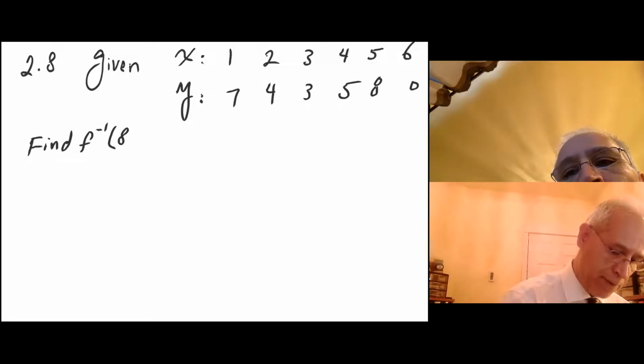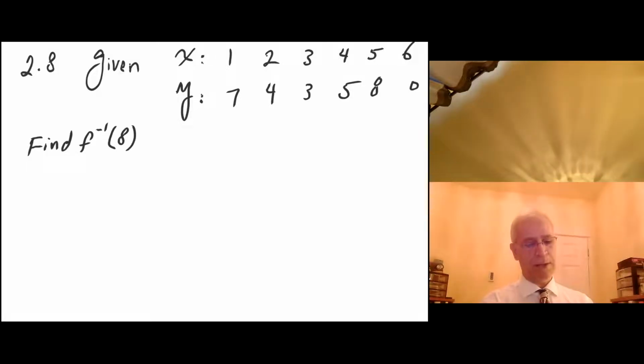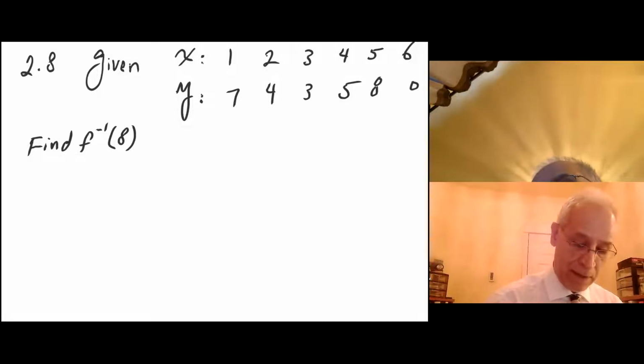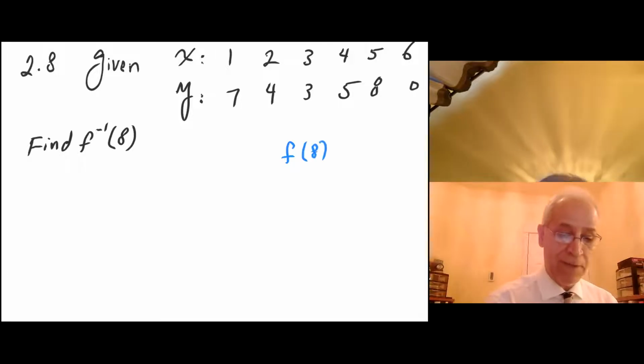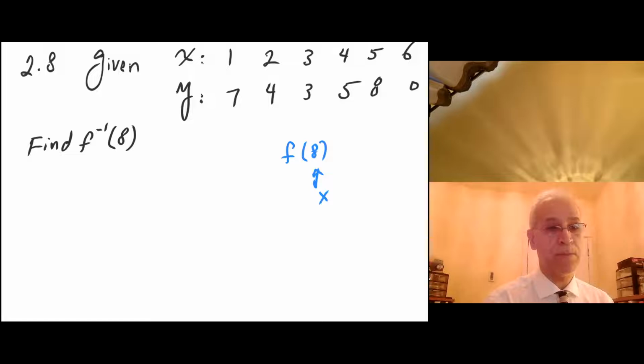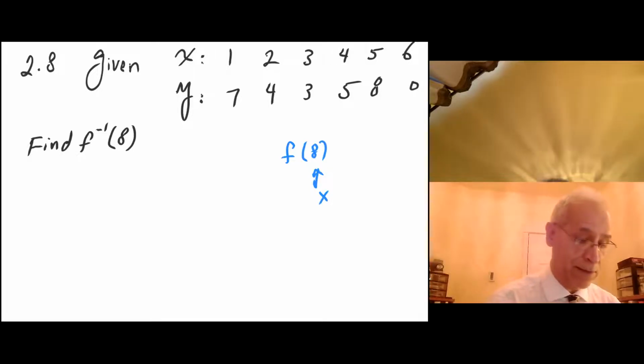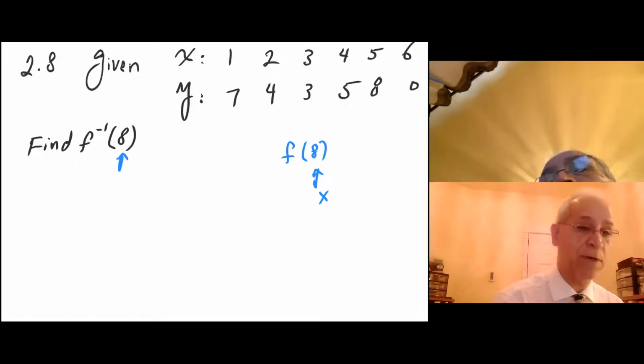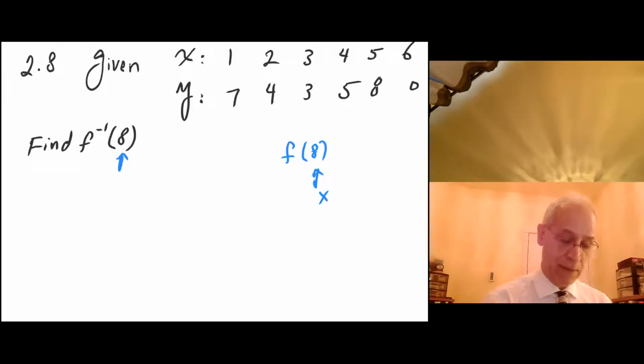Remember that if we were talking about, let's say, find f of 8, that means that my x value is 8. But here we are talking about f inverse. So this value right here must be my y value.